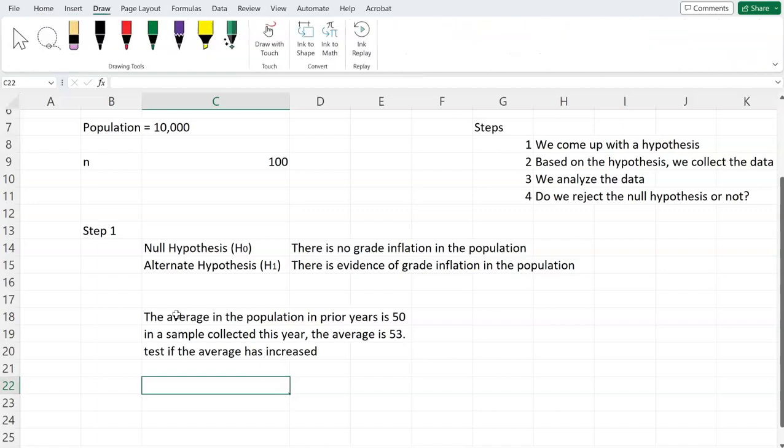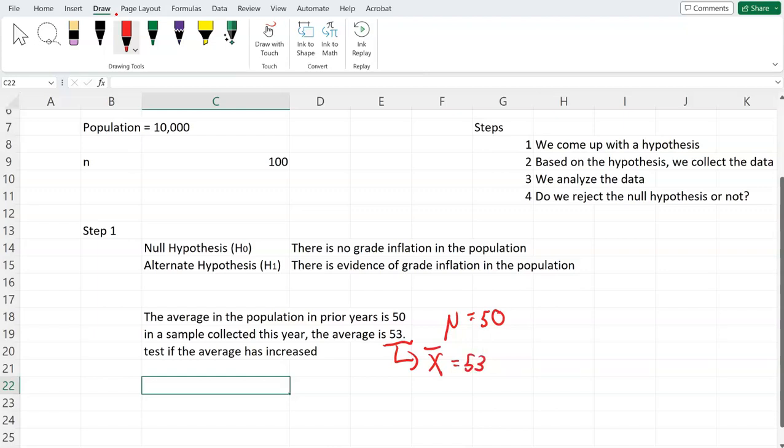If you remember from previous times, we denote the mean of the population as mu, so mu is 50. Now we can't collect the data of all the members in the population, but we have a sample. Let's say the sample is of a given size, and its average is now 53. So x bar is 53.